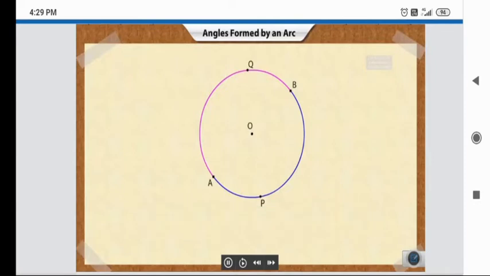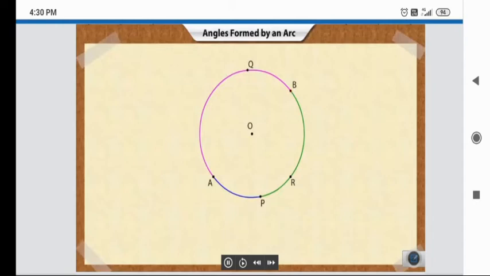But what if we want to find the measure of arc ABP? We can see that arc ABP is made up of two arcs, arc AQB and arc BRP. Here, arc AQB and arc BRP belong to the same circle, and only point B is common to both arcs.